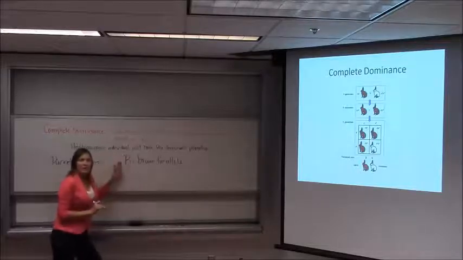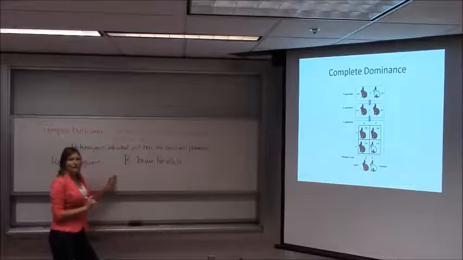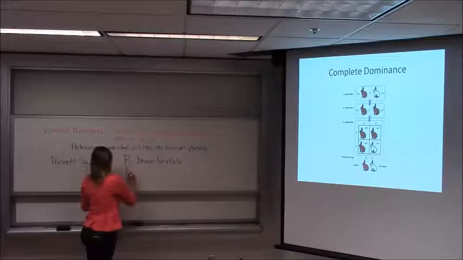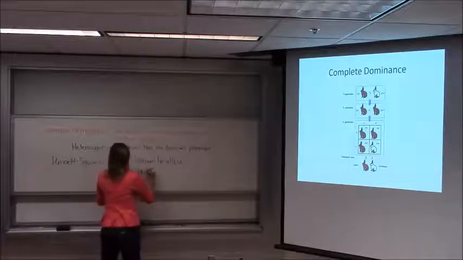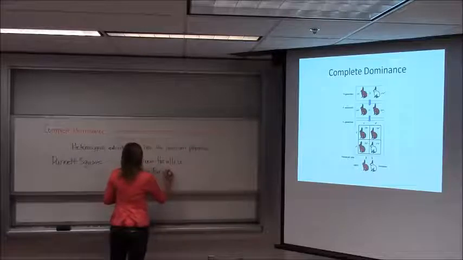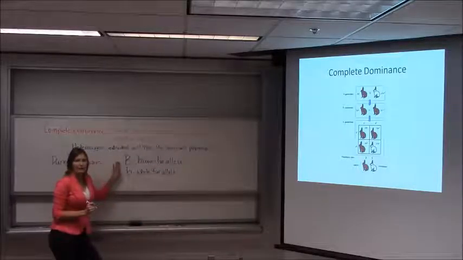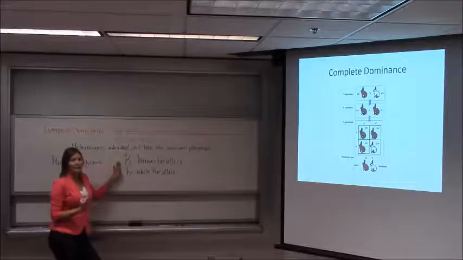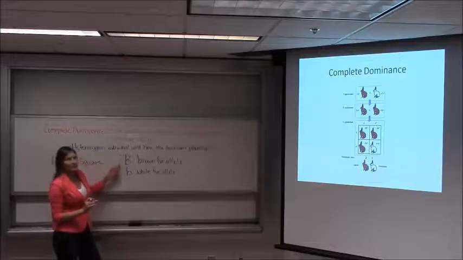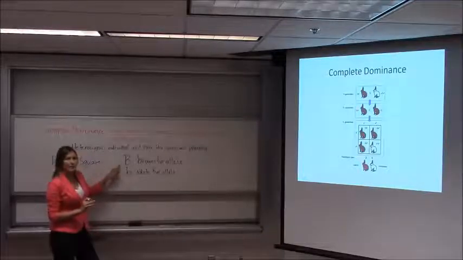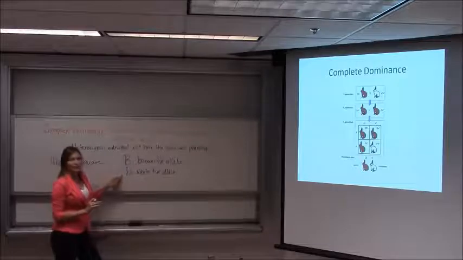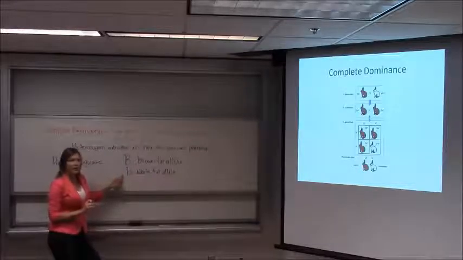And since we know that brown is dominant over white, we're going to have little b, lowercase b, represent the white fur allele. Usually what happens is whatever the dominant allele is determines the letter you're going to use. It really doesn't matter though. I could use the letter Z. It just matters that the dominant allele is shown as a capital letter and the recessive allele is shown as a lowercase of that same letter, not two different letters.